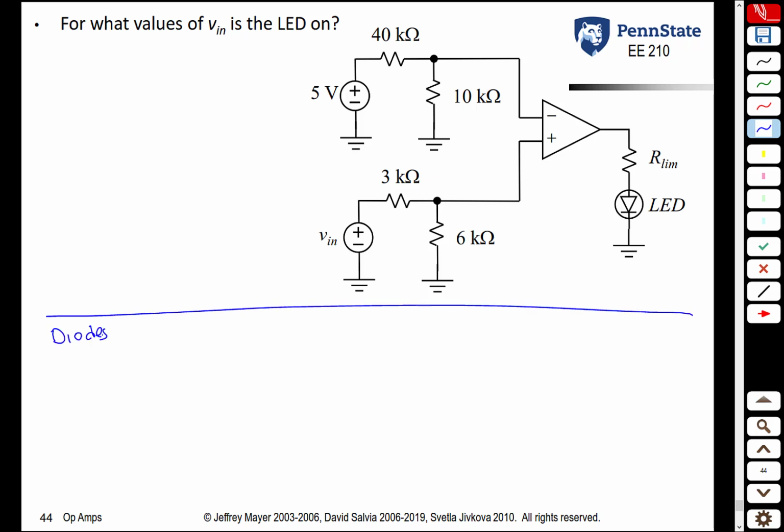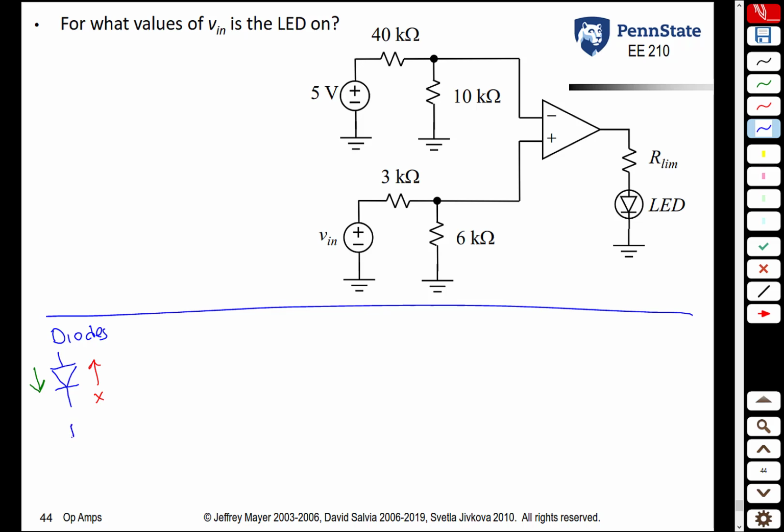Diodes are semiconductor devices that basically are one-way streets. They allow current to flow in one direction, but not the other direction. The symbol for a diode is a triangle with a line like that. A diode allows current to flow in the direction of the arrow, and it does not allow current to flow in the other direction. A light-emitting diode has a very similar symbol, except it has a circle around it.